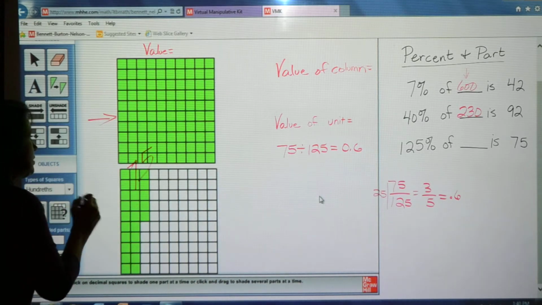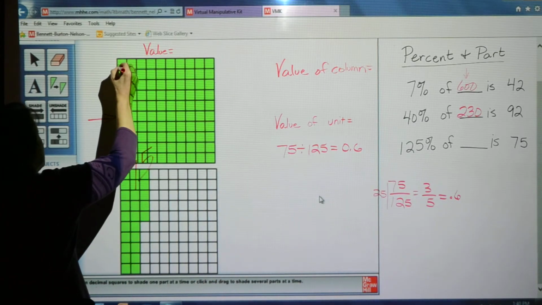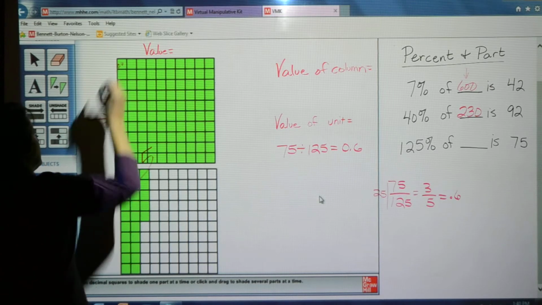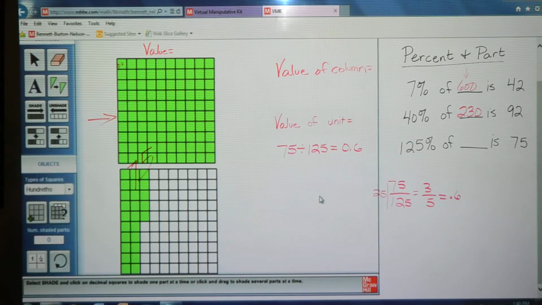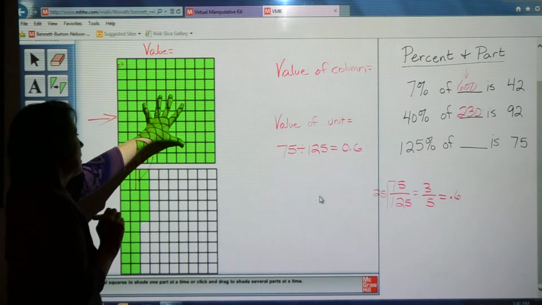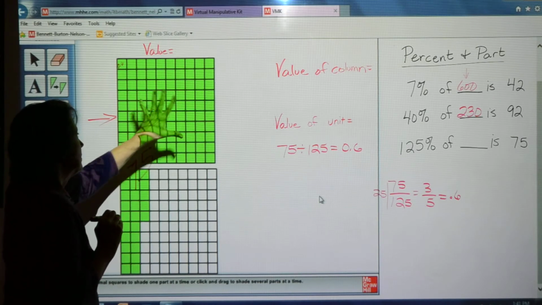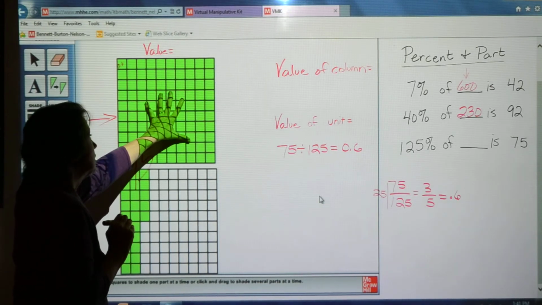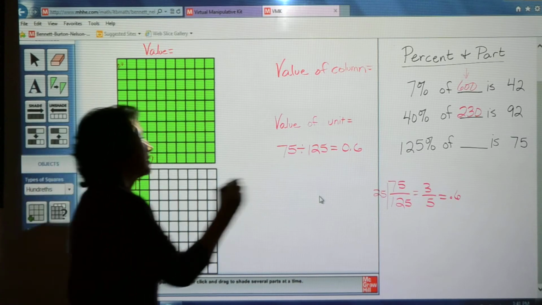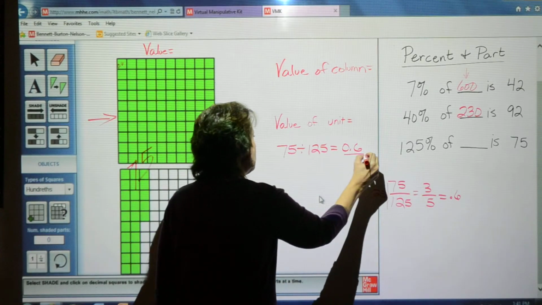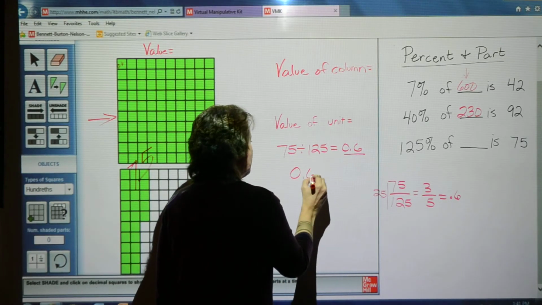The value of each unit is 0.6. Okay? Now, what do I want to know? I want to know the value of this top piece. I want to know the value of these 100 cubes. So just like I've always done, I'm going to take the value of a unit times 100.